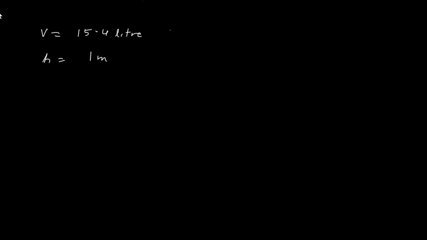What I will do, I will convert this 15.4 liter into centimeter cube by multiplying it by 1000. So it is 15400 centimeter cube, and this height I will convert into centimeter, 100 centimeter. We have to find the total area. So for that first I will find the radius.